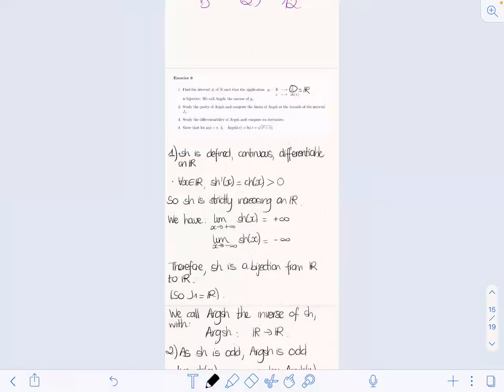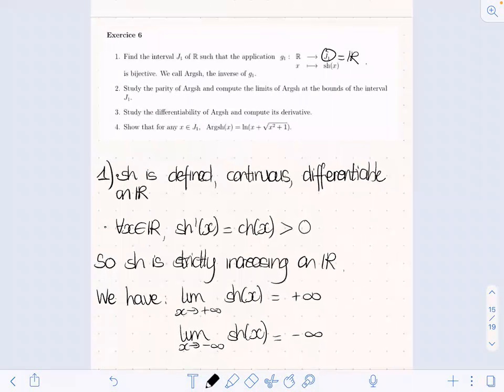So that's question 3. And what we're going to show in the final question is that for any x in J1, where we showed J1 was equal to R, we have arg sh of x equal to this explicit expression here.